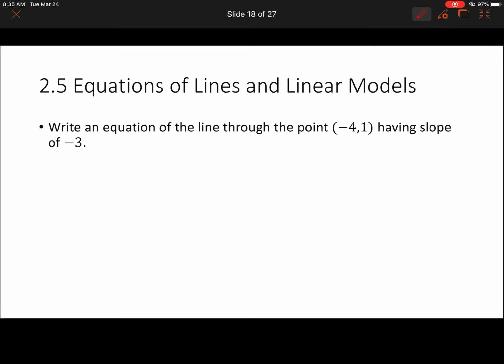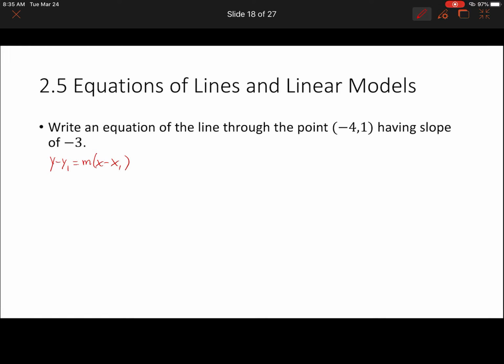Now, look at this one. This is the same type of question. It says write an equation of a line through the point (-4, 1) and having a slope of -3. So again, if we're going to write an equation, we're going to do that with our point-slope form: y minus y sub 1 equals m times x minus x sub 1.